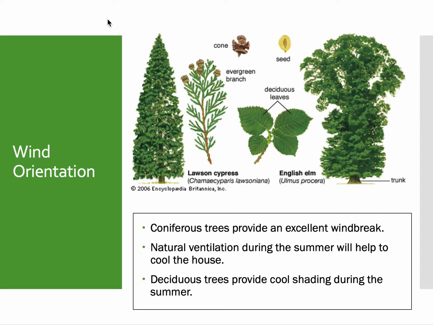Natural ventilation during the summer will help to cool the house. So if you plant trees that provide shade so that the breeze that comes through is cool, that will help reduce your HVAC demand, and that is also sustainable. Now, deciduous trees provide that cooling shade during the summer. They drop their leaves.